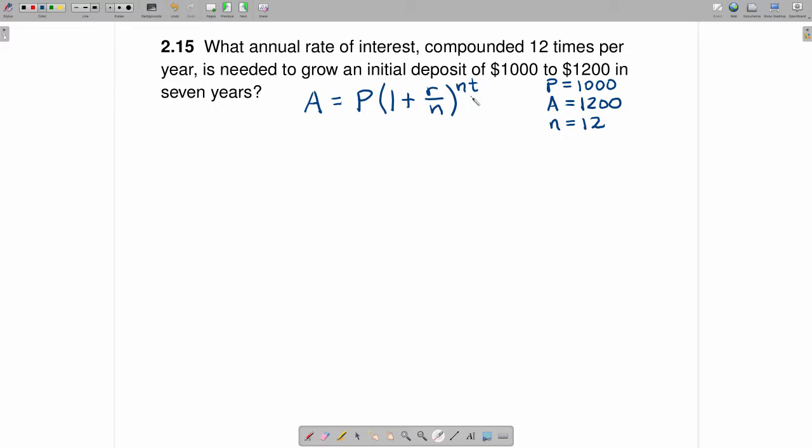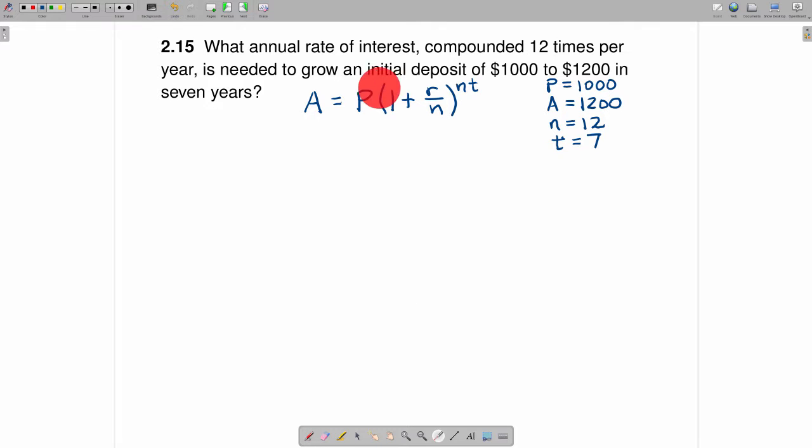The last variable out here is T, and T stands for time. And in our case, the time we're allowing this increase from 1,000 to 1,200 to happen is 7 years. So T is equal to 7.